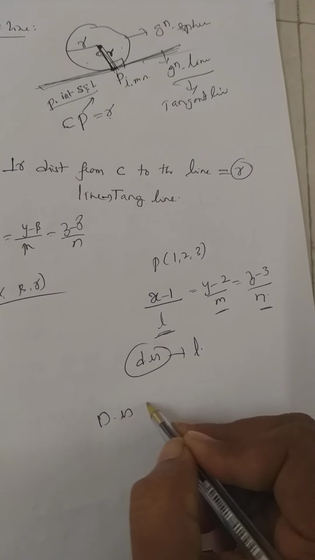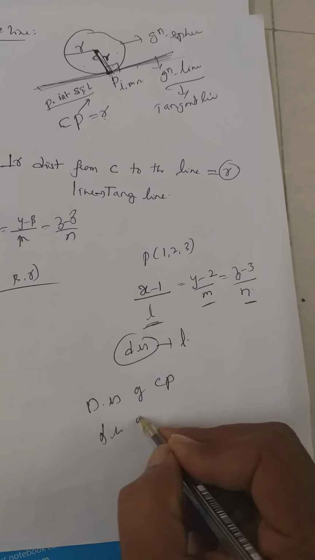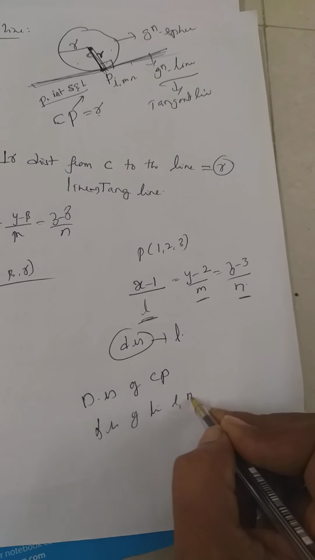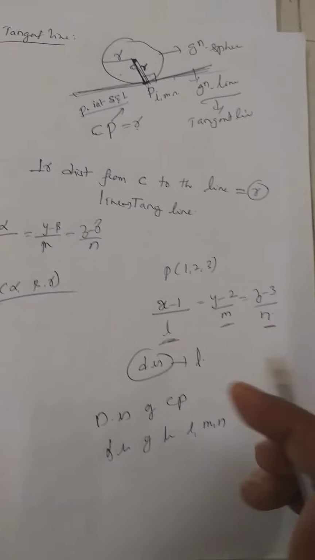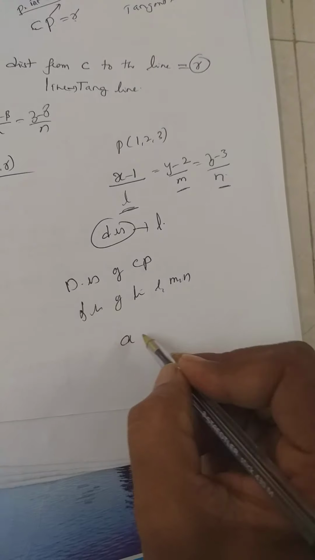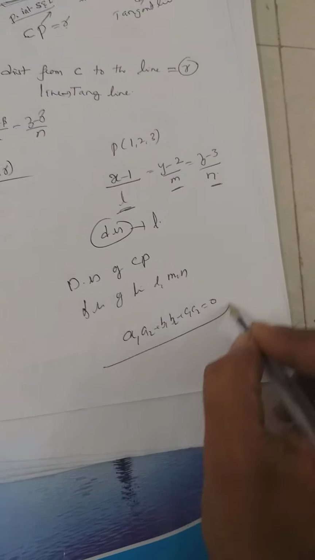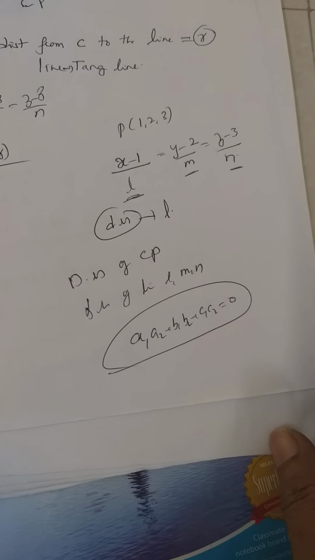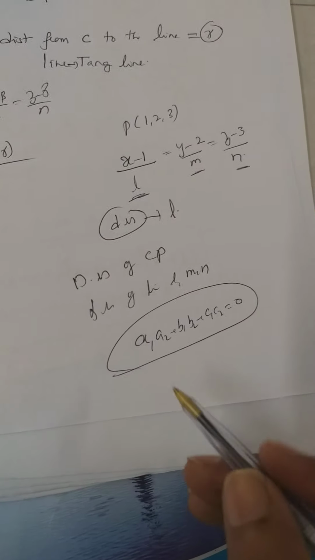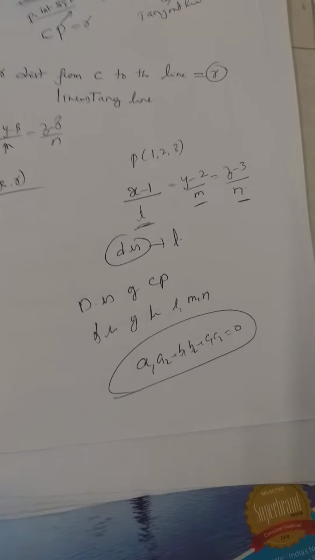Now direction ratios of CP you have to find, and direction ratios of the line are L, M, N. Then if the two lines are perpendicular to each other, you will get a condition. What is that condition? A1 A2 plus B1 B2 plus C1 C2 is equal to 0, right? Now using this condition you will get those values of L, M and N.